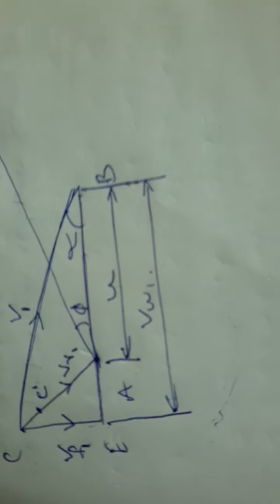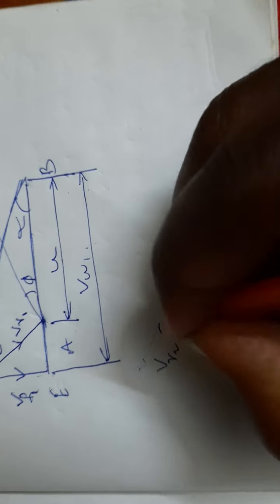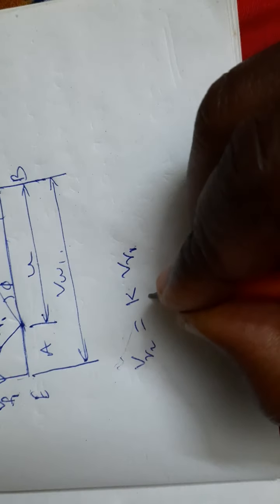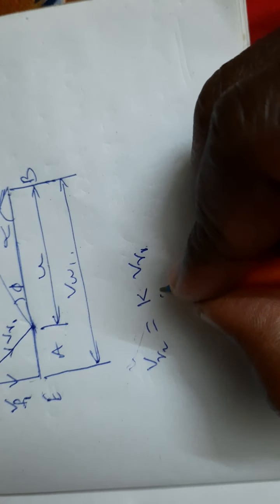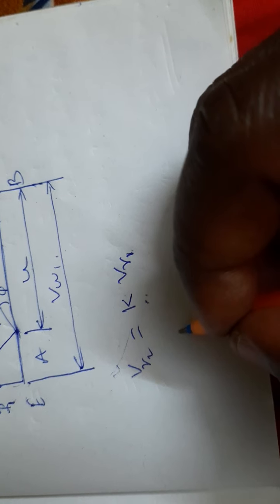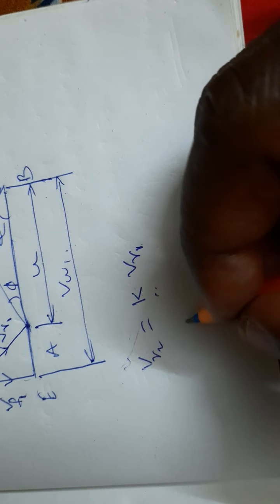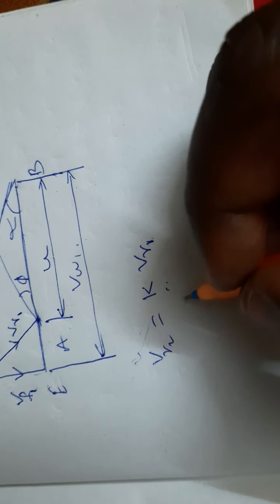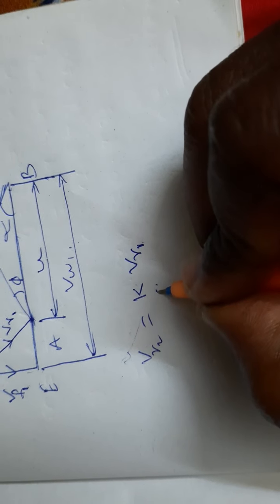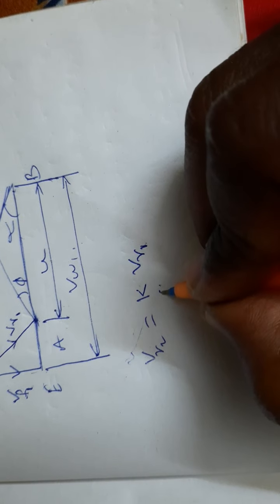Considering friction, VR2 is equal to K VR1, where K is the frictional or velocity coefficient. If there is 15% loss in relative velocity, then the value of K is 0.85. Actually, K varies from 0.75 to 0.85.